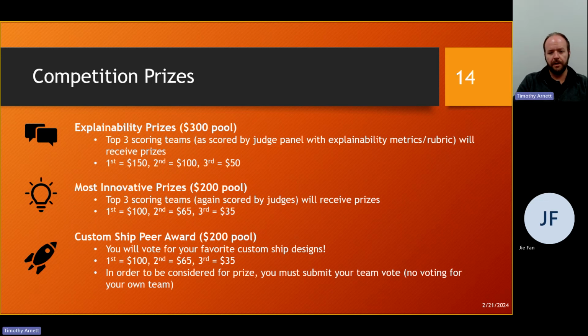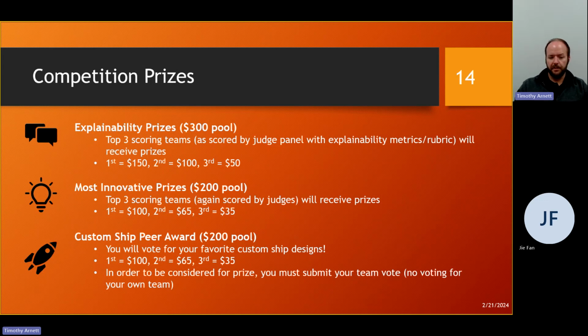We will also have prizes for the most innovative solutions. Again, this will be judged by the same judging panel as the explanations. And again, the top 3 scoring teams, and the distribution is for first, $100, second, $65, and third, $35. And then we'll also have a prize pool for the custom ship peer awards.